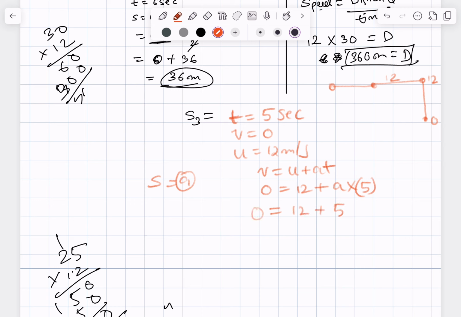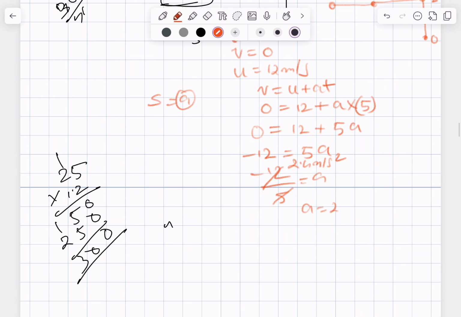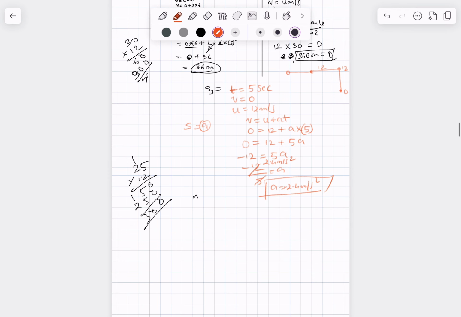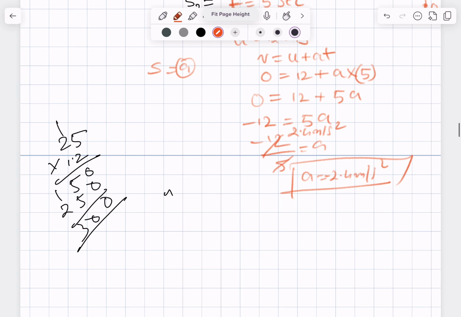So 0 is 12 plus 5a, so 5a is minus 12, a is minus 12 upon 5, which is 2.4 meter per second square. So acceleration will be minus 2.4 meter per second square. Make sense? So now since we have acceleration, we can simply use the formula s is ut plus half at square.